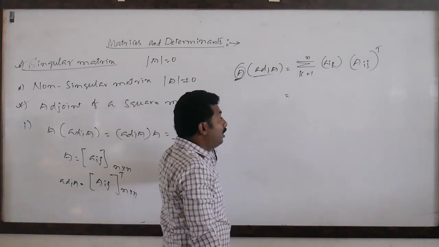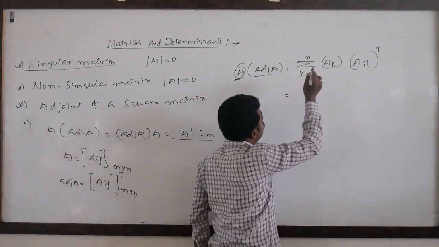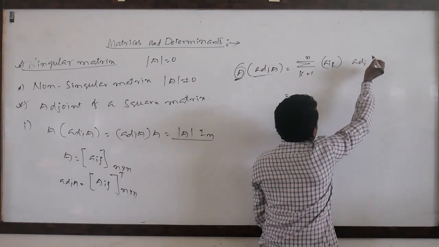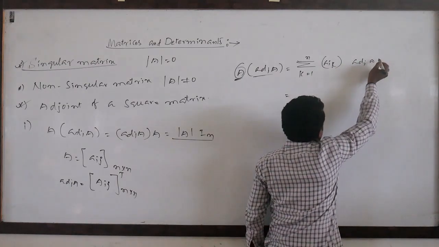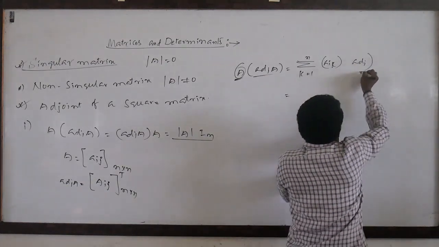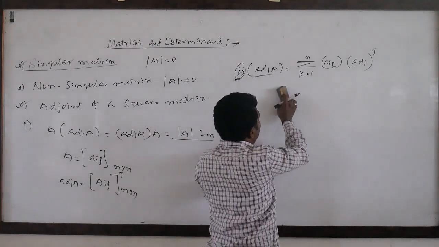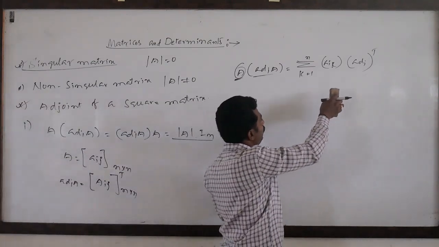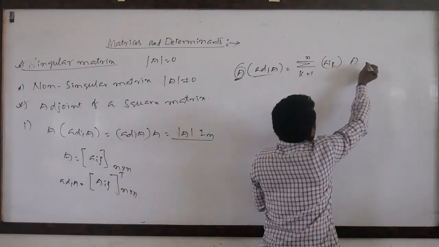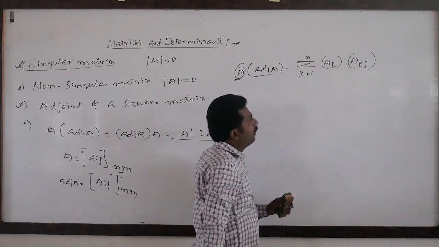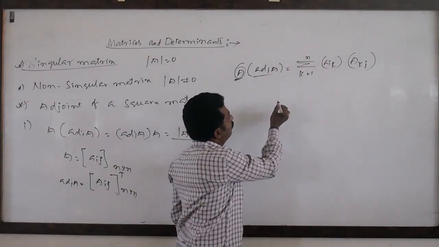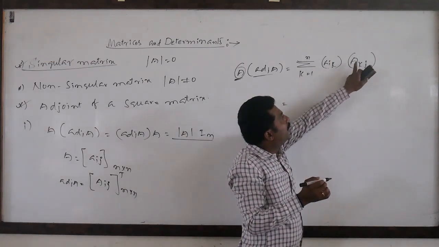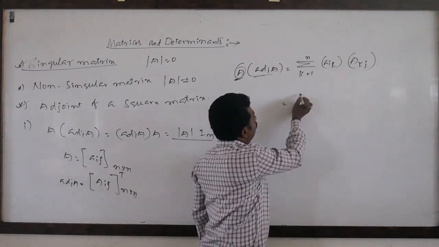So while writing the multiplication, the sum over k running from 1 to n of a_ik times A_jk appears. There are two cases.